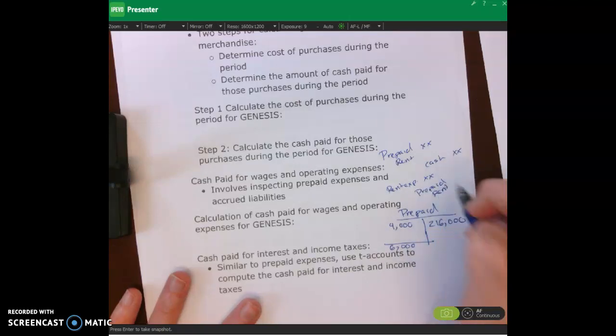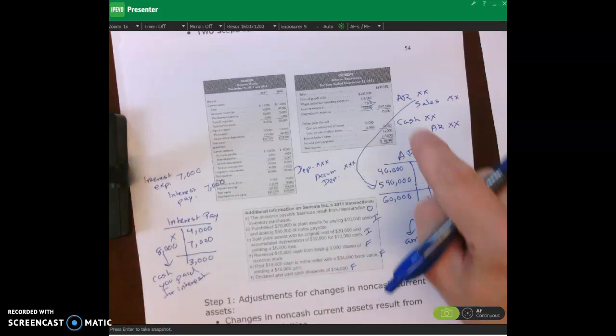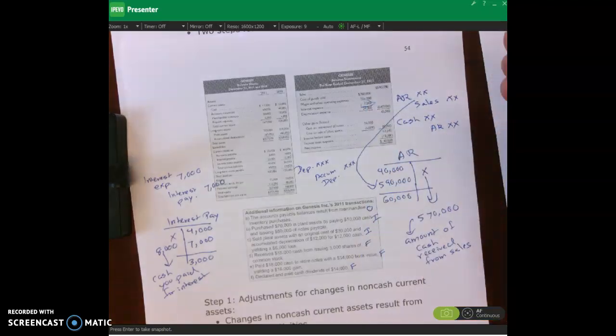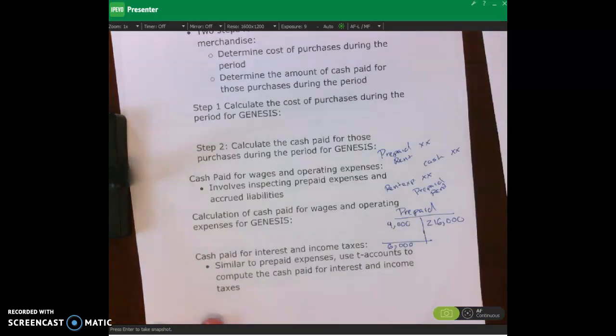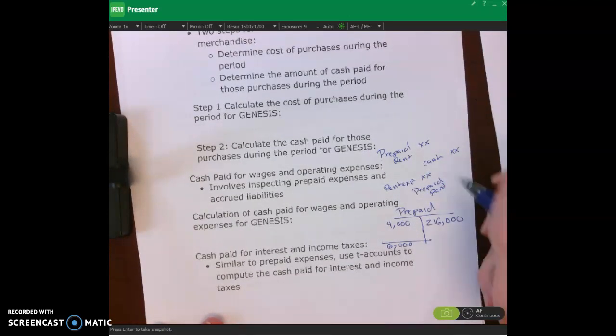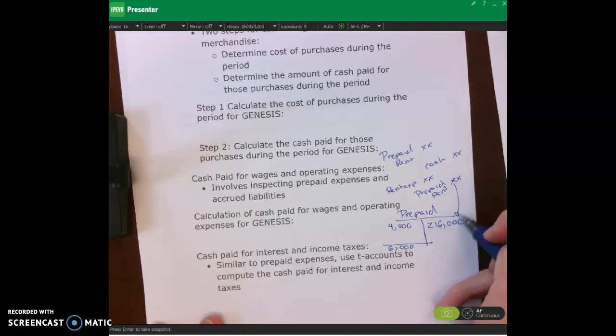So if we think about all of this as just prepaid rent, this 216, wages and other operating expenses, we could think of for a second here as rent expense. So prepaid rent that has expired and now is rent expense. So we have that rent expense of 216, the credit of 216, prepaid rent 216. So that comes over here.